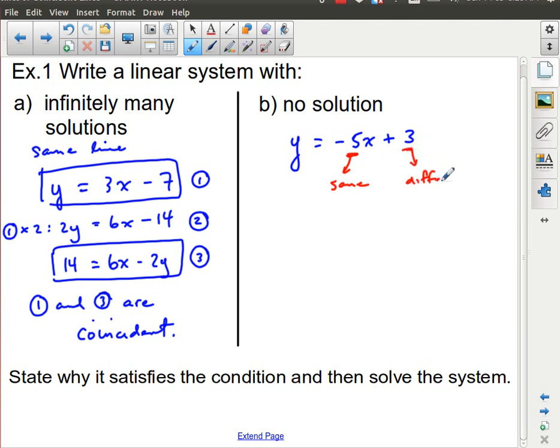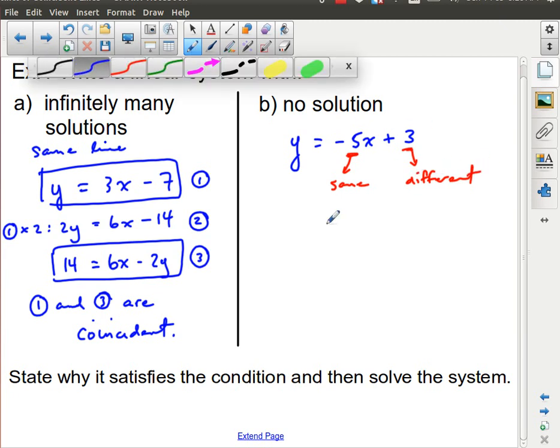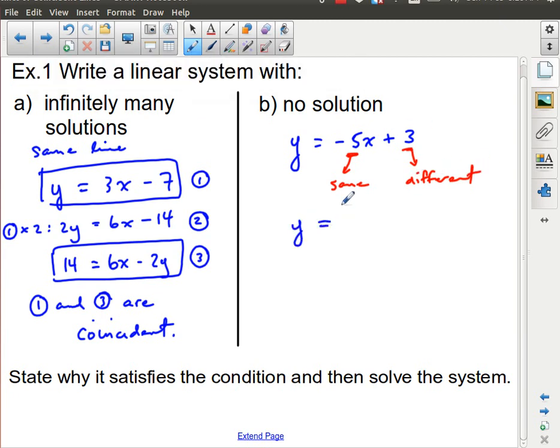And that's easy enough to do. We can just read that right off of here. So let's write another line that has the same slope, negative 5x, and has a different y-intercept. So let's say negative 5x minus 2 this time.